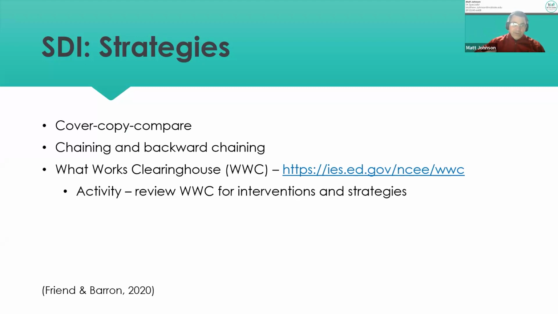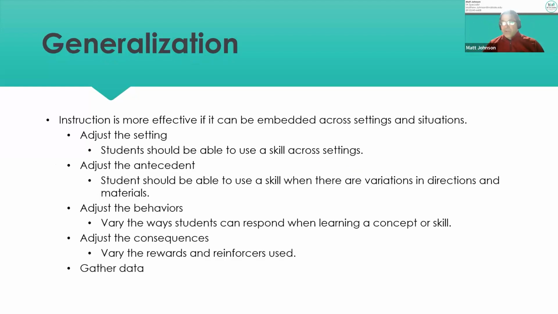It's a federally run site that has all kinds of things you can search by, all those criteria I mentioned earlier on: the class size, the age level, the ability level, the content. You can search by all those different things and find evidence-based strategies there. You find the research behind it, how to perform it, and who it's effective for. It's a great resource if you're looking for evidence to support the instructional strategies you're using.